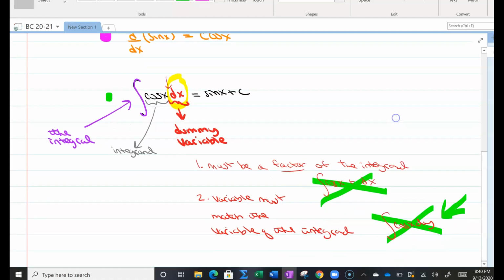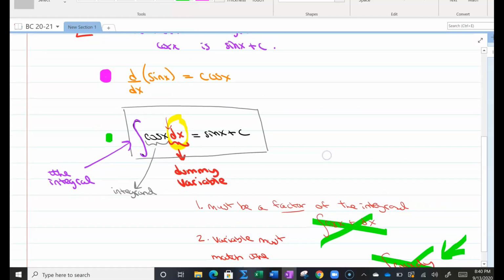For right now, when you see this expression, it's really important that you read this in your head the correct way. You read this as the indefinite integral of cos x dx is sine x plus c.